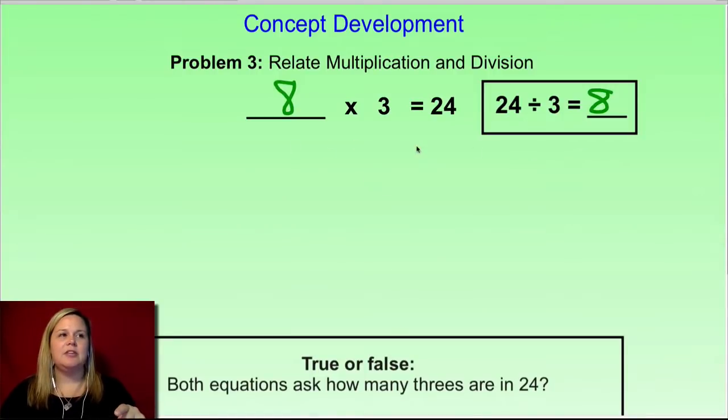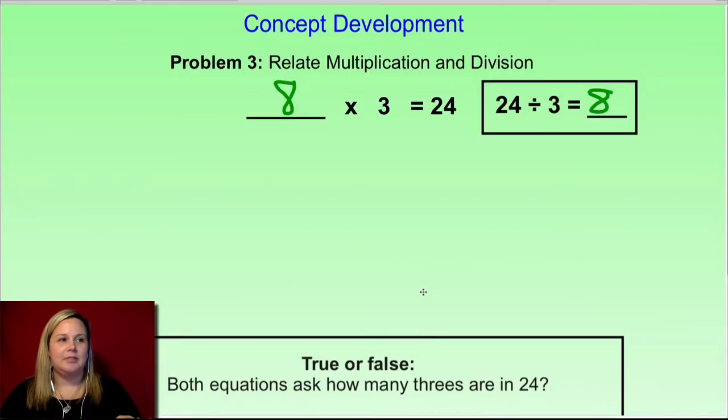So are both of these two equations at the top asking how many 3s are in 24? Tell your learning guide what you think about this one. After you've talked with them, click play, and I'll share with you what I think.